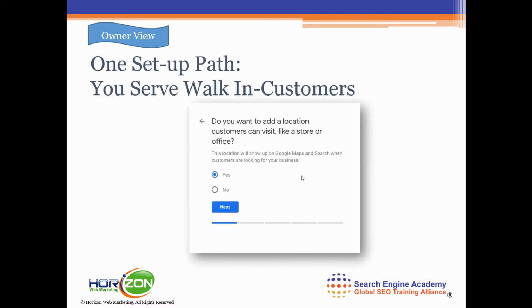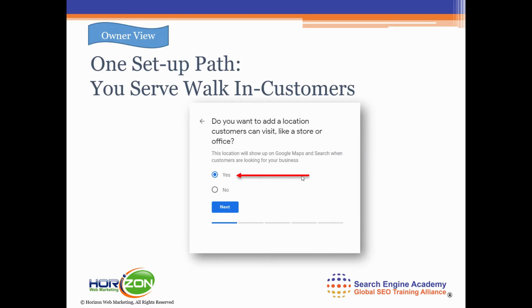Once you select that, you've got a couple of different paths that are going to be defined by how you answer this next question. Notice that the next question is, do you want to add a location that customers can visit? So this would be, if you want to select yes on this, if you do serve walk-in customers. A good example of this would be a restaurant.